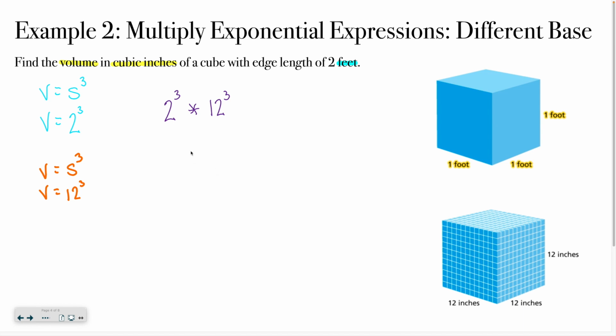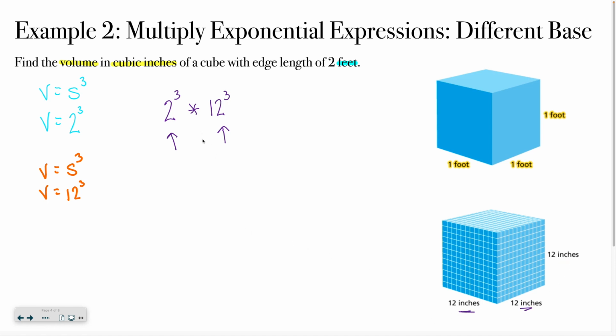Okay, so what this is doing is taking the volume of the entire cube, but then splitting it up into all of those little inch pieces, right? So the volume of the cube, and then the 12 cubed represents splitting it up into the inches instead.